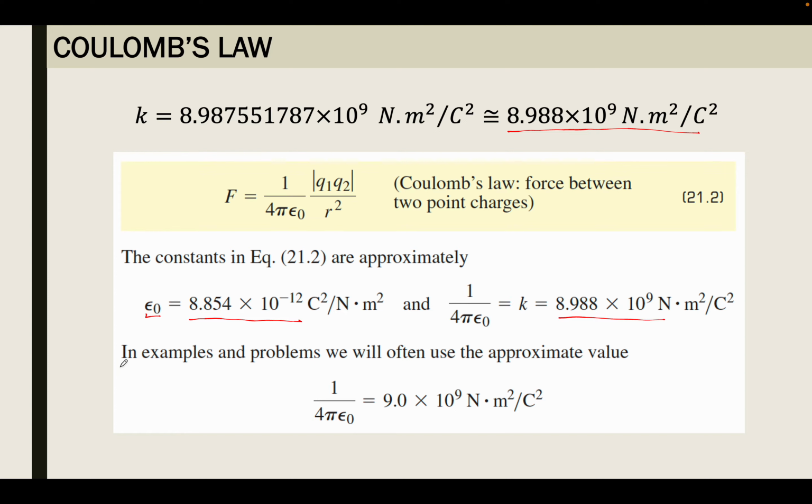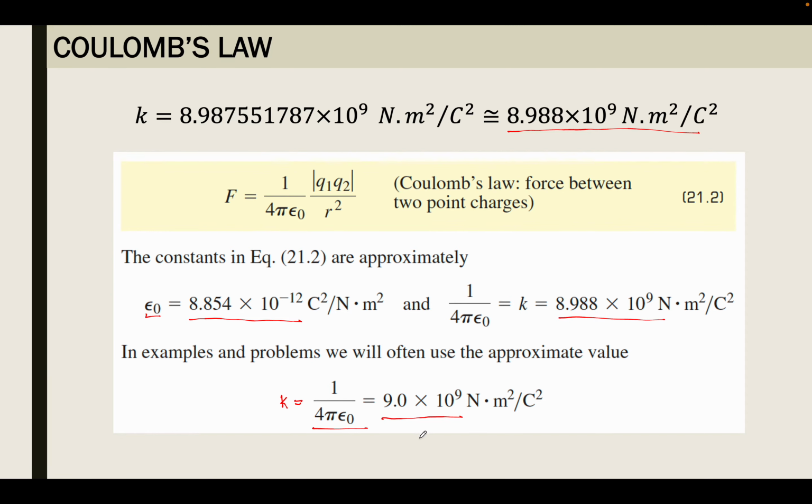So here it is mentioned na in examples and problems, we will often use the approximate value. So instead of 8.988 times 10 to the power of positive 9, it is rounded off to 9 times 10 to the power of 9. So see, 1 over 4 pi epsilon naught, or this is our value of K, is equal to 9 times 10 to the power of 9 Newton times meter squared over Coulomb squared.